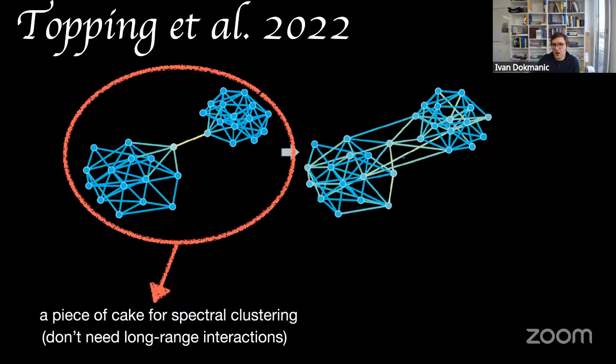And this is a little bit harder for spectral clustering, but it seems to be the other way around for a GNN. And the argument is that the reason why you want to do this is because maybe there are important long-range interactions that can then not pass through this bottleneck. So the question is, why would there be long-range interactions? And this can happen if you have same labels on both sides, right? But then the meaning of this graph is kind of questioned.